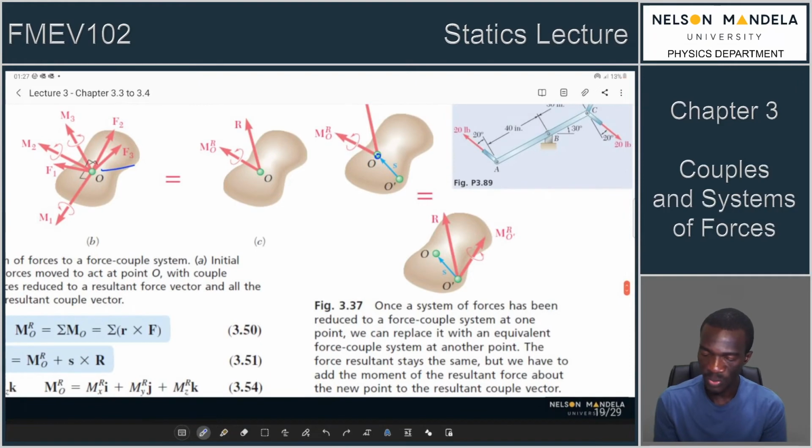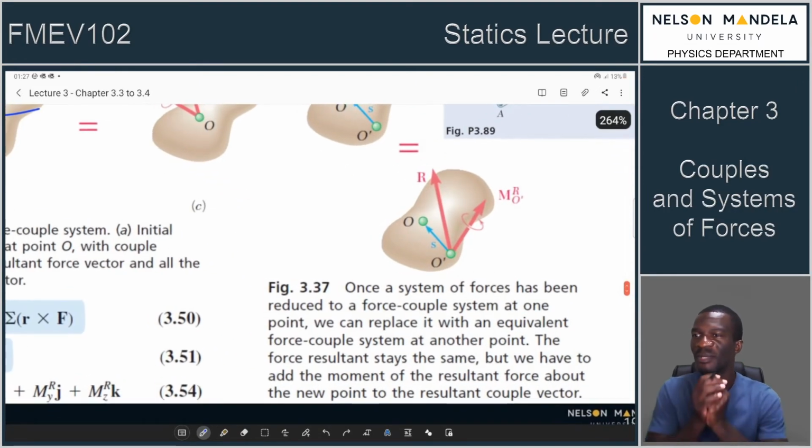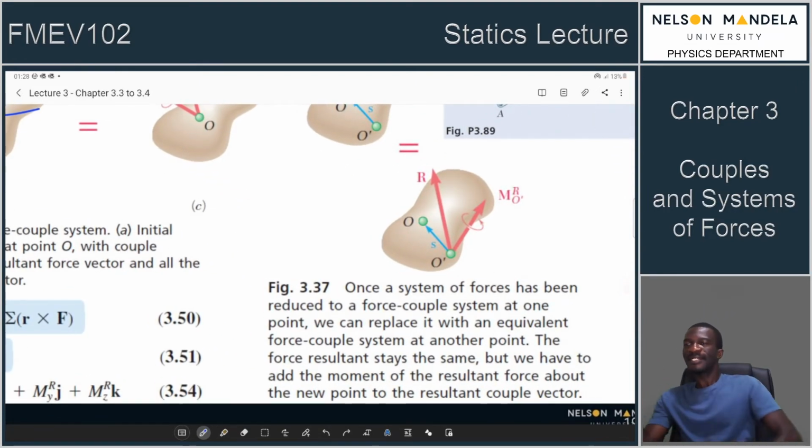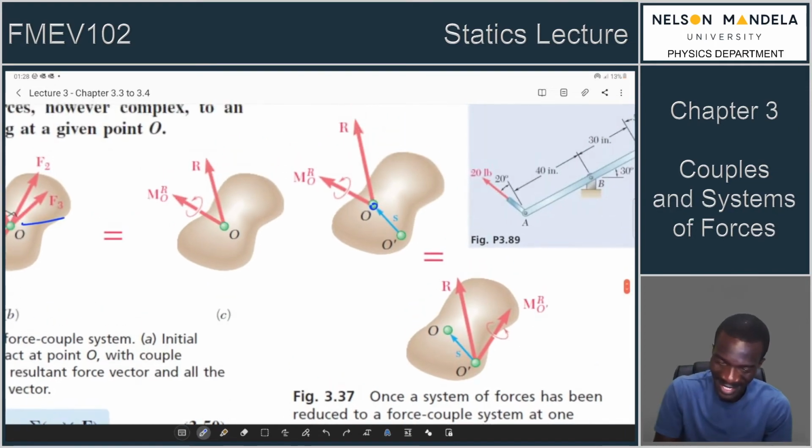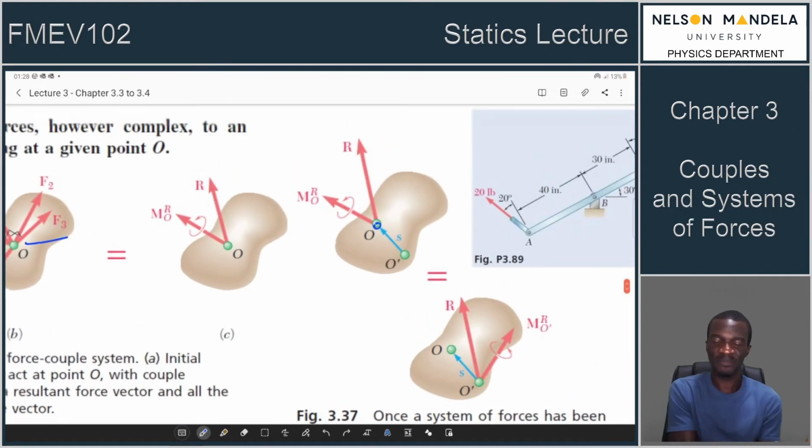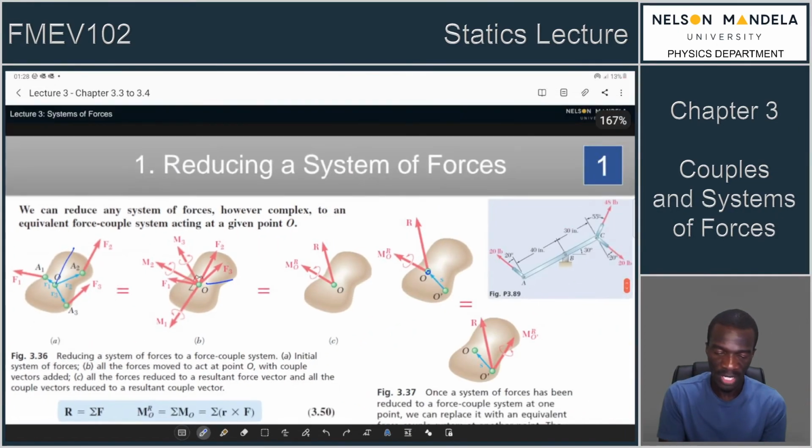If we were to get some more information here, this text says once a system of forces has been reduced to a force couple system at one point, we can replace it with an equivalent force couple system at another point. So it's just telling us to carry out the first process: come up with your total forces and put them at one point, come up with the moment resultant and the resultant force.